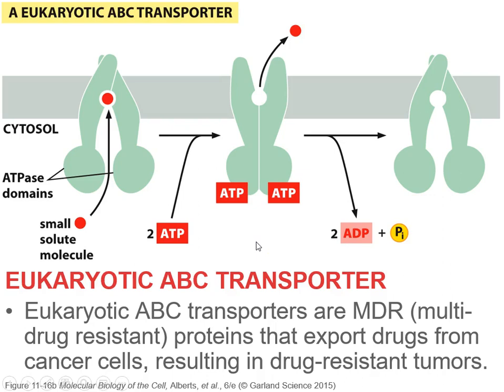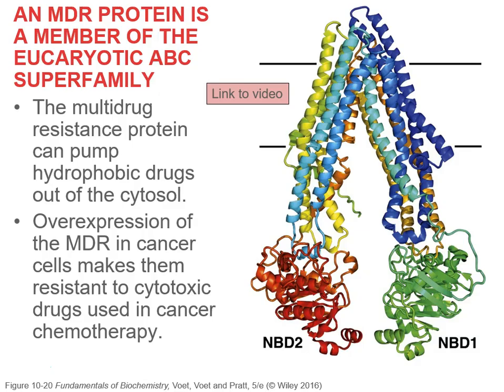So this is an adaptation that cancer cells have that allows them to export any kind of drug that you would use to try and kill that cell. So if the cancer cells are expressing these multi-drug resistance proteins, it makes it really difficult to use your drug therapy to kill the cancer cells.